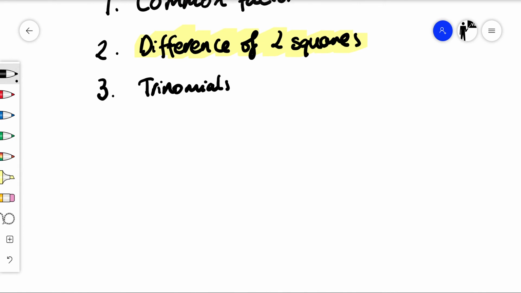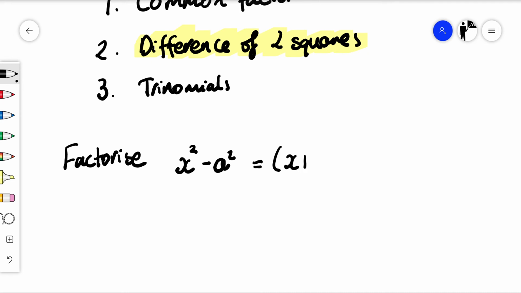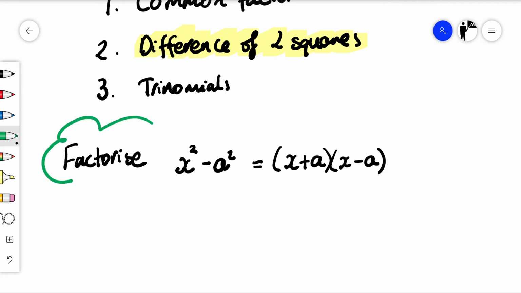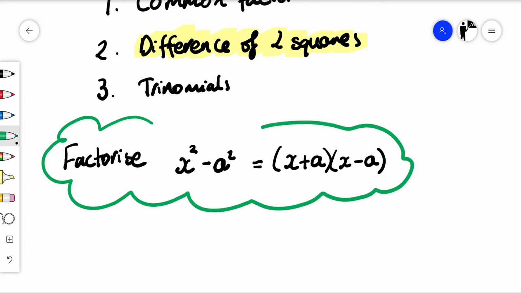If we are ever asked to factorise something squared, take away something squared, our result is going to be x plus that something, x minus that something. I would ask you to bubble that, highlight it, make it important.